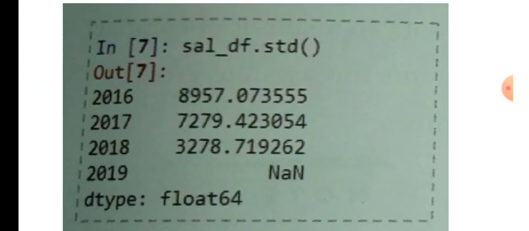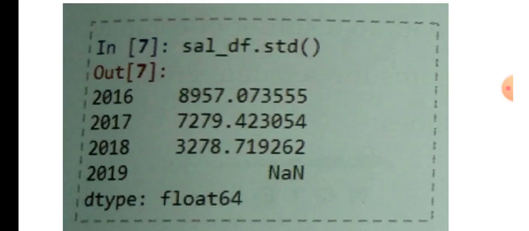For this purpose, you have to do only one thing. Just write the std function. So first of all, give the name of the data frame first. That in this case is SAL_DF. Then put the dot operator sign and then std, which is the name of the function in that case. So SAL_DF dot std will calculate the standard deviation along each column, and if nothing is found, then NaN will be there.